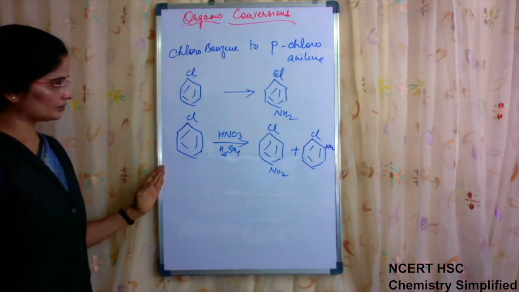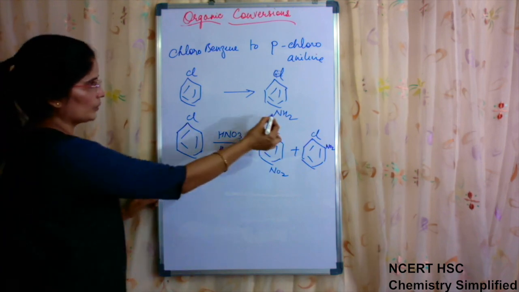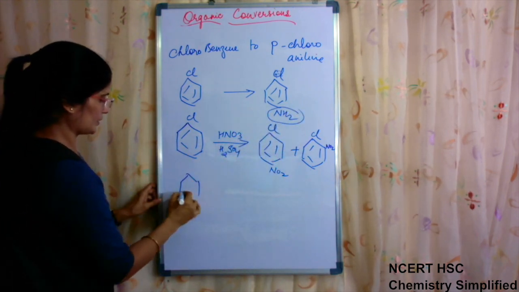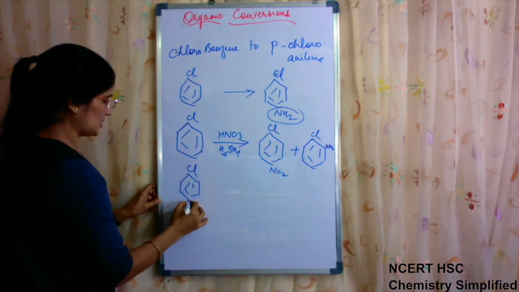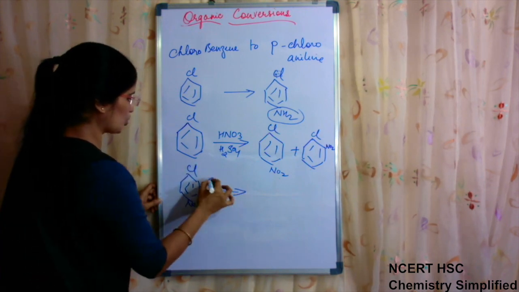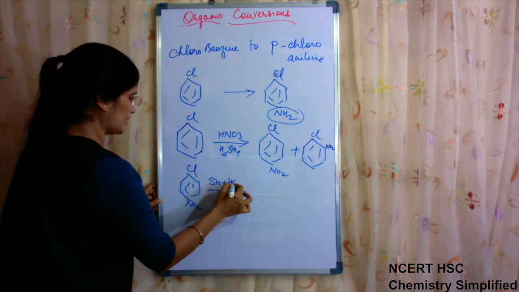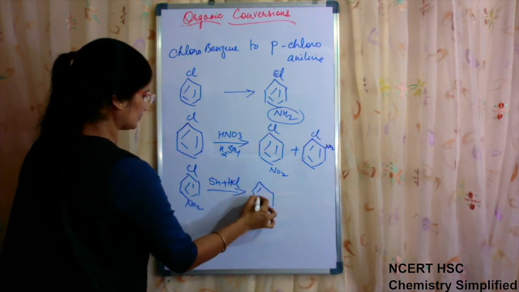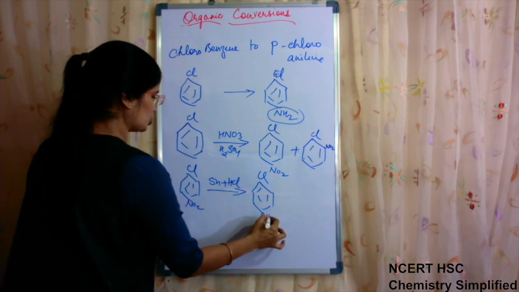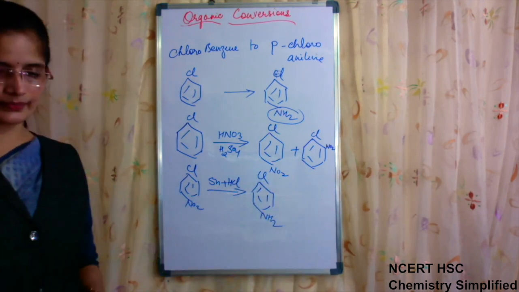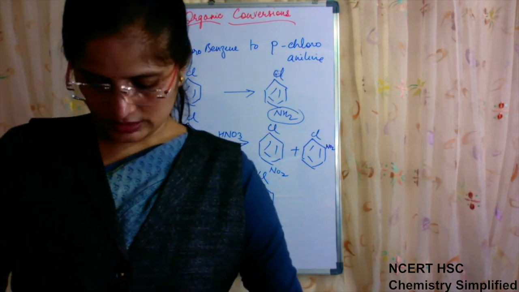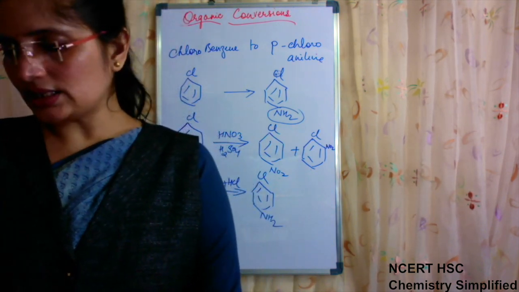Now what will happen? What we require is this NO2 converted to NH2. So simply this NO2 group with use of Sn plus HCl can be reduced to NH2. Okay, so the conversions are like this.